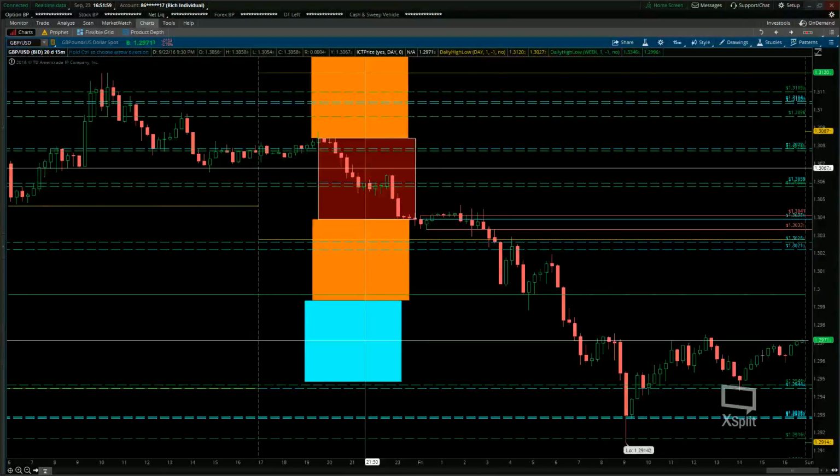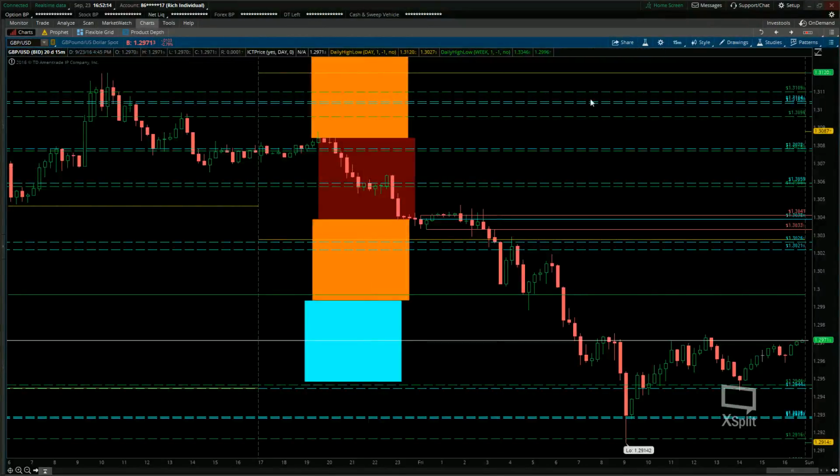You can go back 20 years on this. This is plotting the bid. It doesn't plot the last, so it's actually giving you the opportunity to see the bid. So let's go out on a weekly chart.